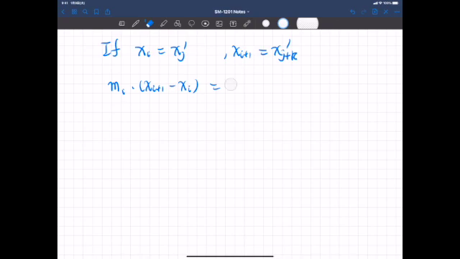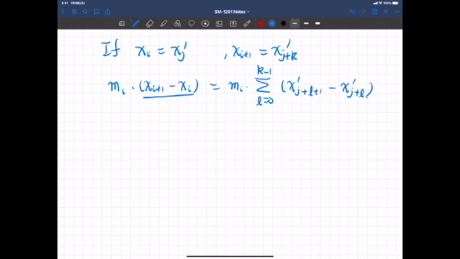So this should be equal to mi times the sum over L from 0 to k minus 1 of xj plus L plus 1 prime minus xj plus L prime. So we just split this interval into these subintervals because delta prime is a refinement of delta. So this is possible.